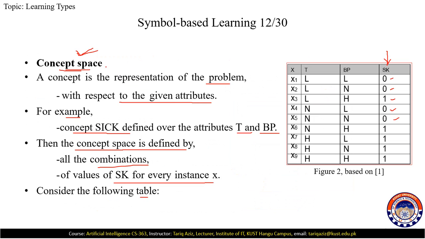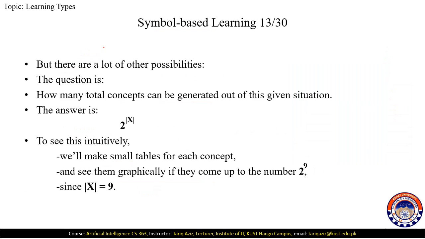Why are we discussing this? Because we want our machine, we want the symbolic representation of the real world, and basically we try to understand symbol based learning. So to understand symbol based learning, you have to understand all these terminologies. Okay, that's why we are discussing this now.